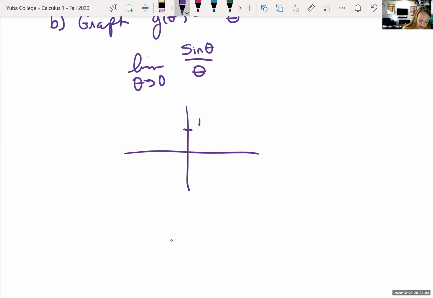That this was 1, and we saw that this graph came up here at 1. And so as we're coming in on the left, we're coming in on the right. This was actually an open circle because it's undefined there. The limit as theta approaches 0 of g of theta also equals 1.